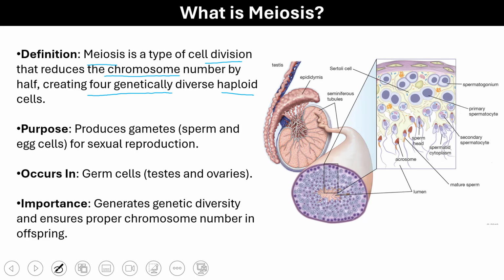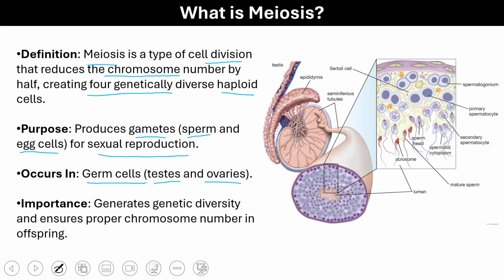Meiosis produces gametes, for example sperm or egg cells, for sexual reproduction. Meiosis occurs in the reproductive organs or germ cells, for example testes in men and ovaries in women.